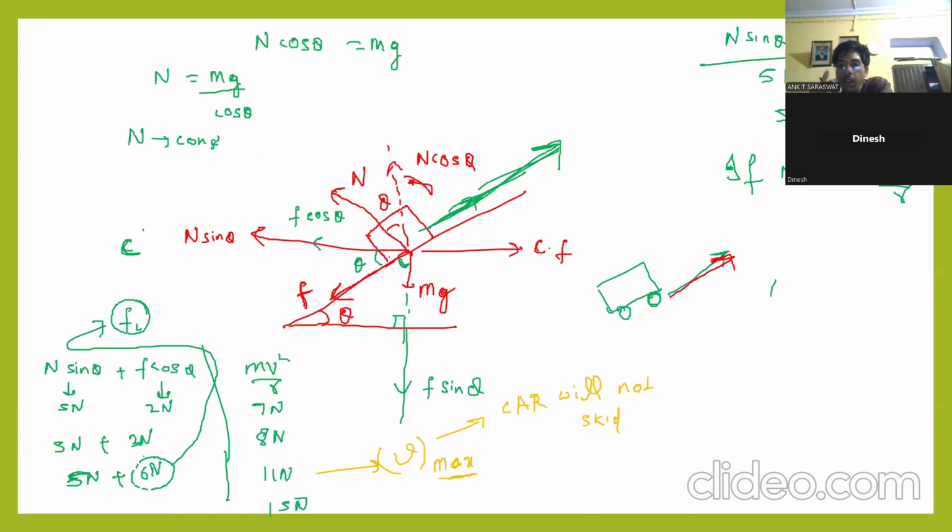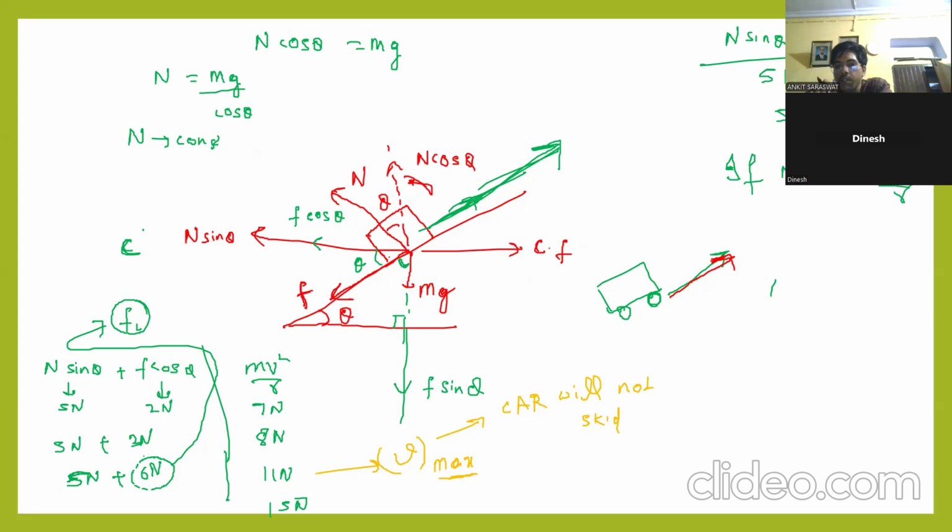Listen. Under root rg tan theta, I do not consider friction. Clear? I am saying you are moving with velocity under root rg tan theta, your car will not skid. My question is, if you are moving more than that, then still your car should not skid. Then at that condition, what is the maximum velocity?